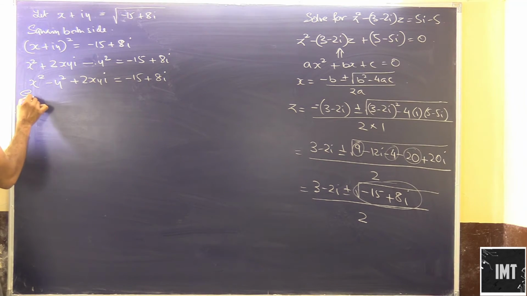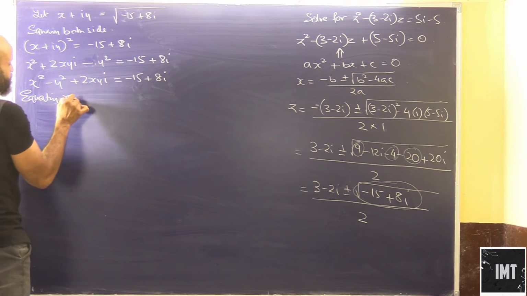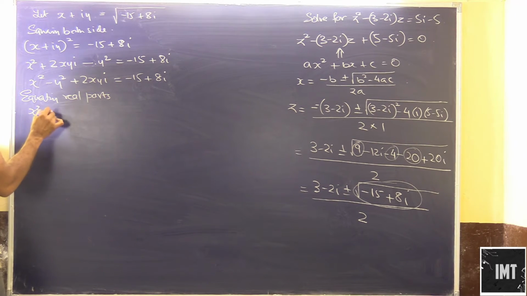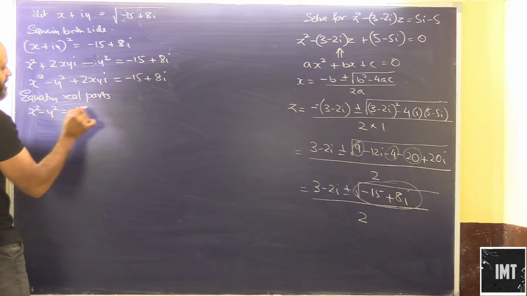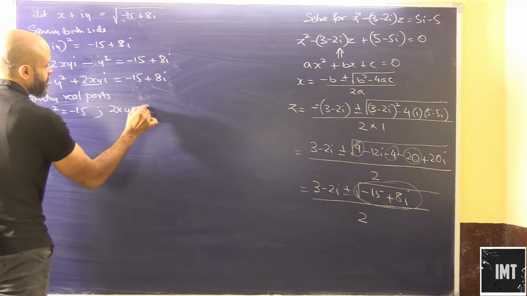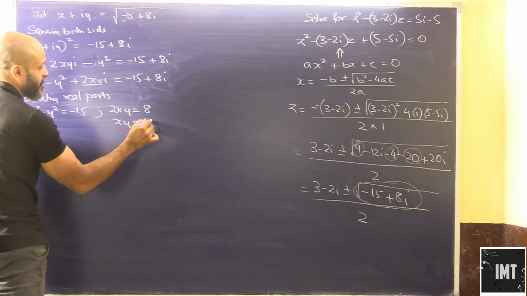So equating real parts and imaginary parts, what do we get? x square minus y square is equal to minus 15 and 2xy is equal to 8, which means xy is equal to 4.